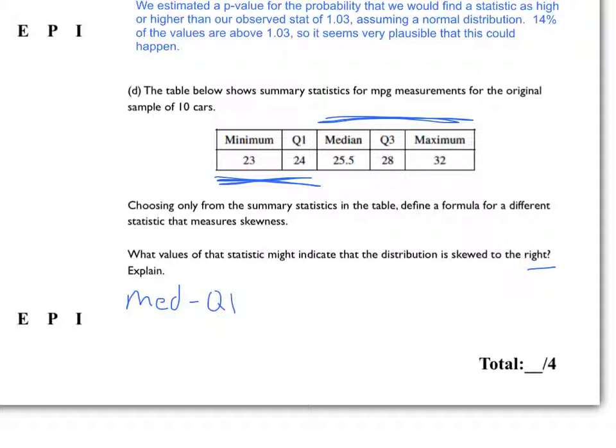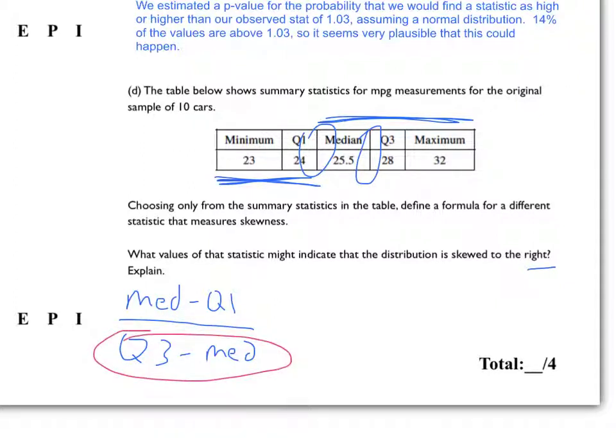And then on our right side we could say how far is quartile three from the median. So we could take quartile three minus the median over here. And using the same basic idea they used above, we could divide those values. So the gap in here divided by the gap in here. If it's right skewed, that means that numbers on the right side are farther apart, meaning this bottom value should be bigger than this.